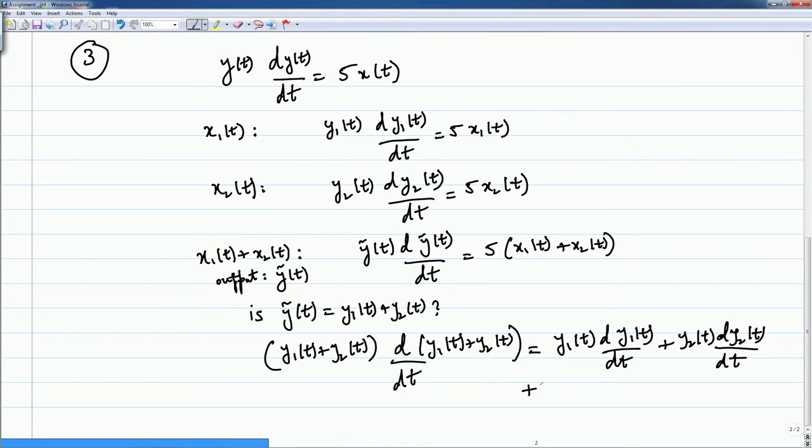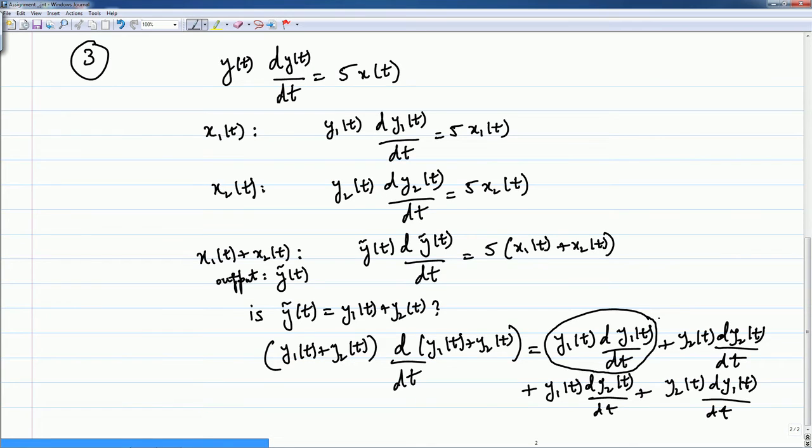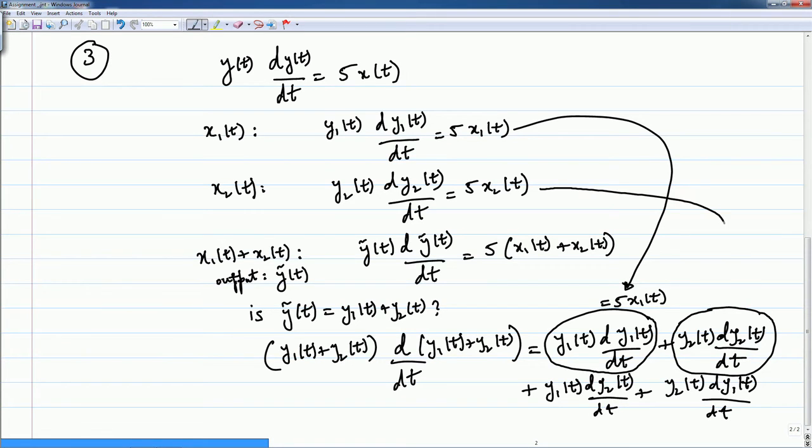And then, interestingly, you will also get cross terms, y1 of t dy2 of t by dt plus y2 of t dy1 of t by dt. So, one can take this part of the expression, now use this equation. I know this is equal to 5 times x1 of t. Similarly, you can take this term right here and use this equation. I know that is equal to 5 times x2 of t.